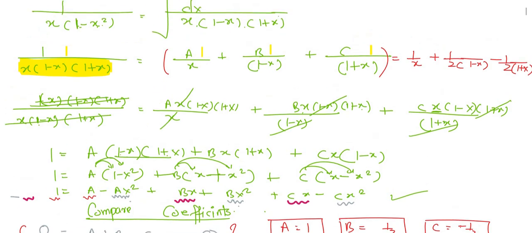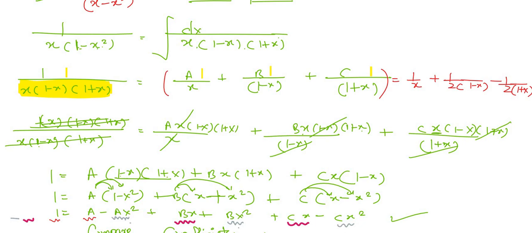So this method is called partial fractions. The partial fractions took a very complicated function, this x into 1 minus x into 1 plus x, and broke it into 3 separate functions, which are easy to integrate now. Okay, so let me write it here.